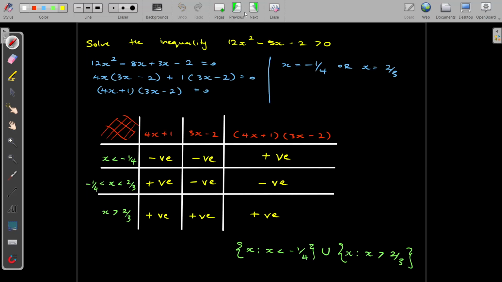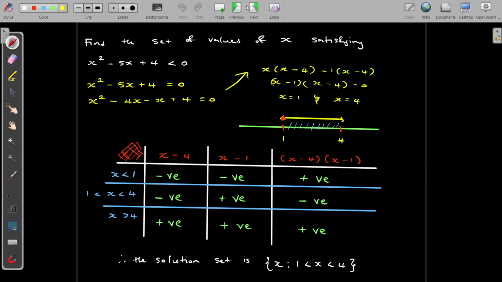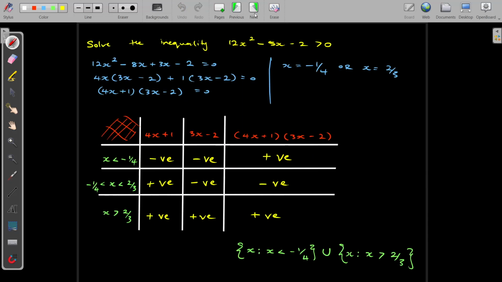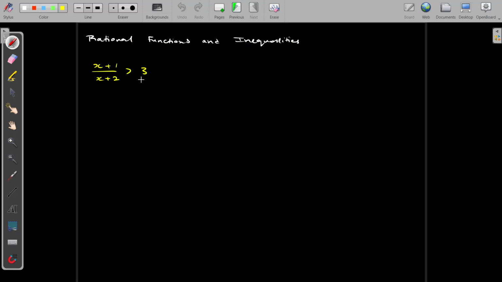Notice the ones that we did before are greater than 0, less than 0. However, this is greater than 3. So what we must do to solve this is transpose. We bring the 3 over, and we get (x plus 1) divided by (x plus 2) minus 3 is greater than 0.